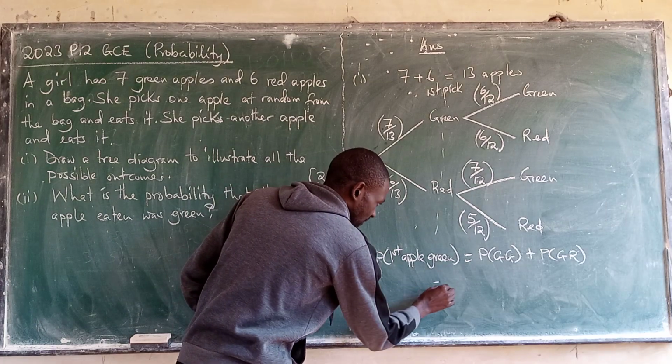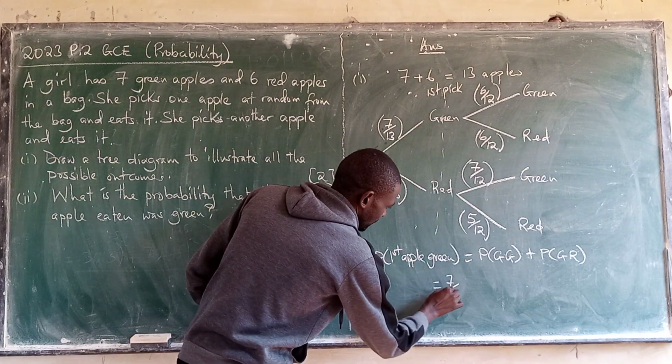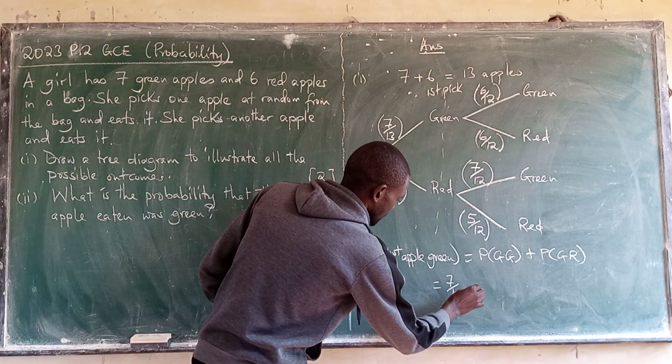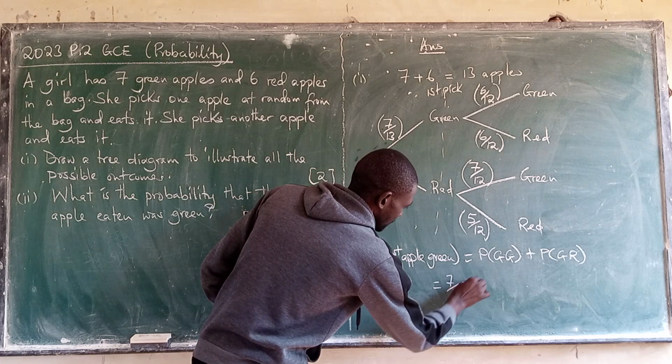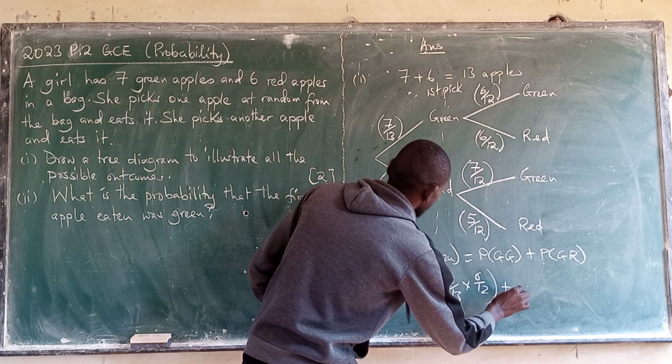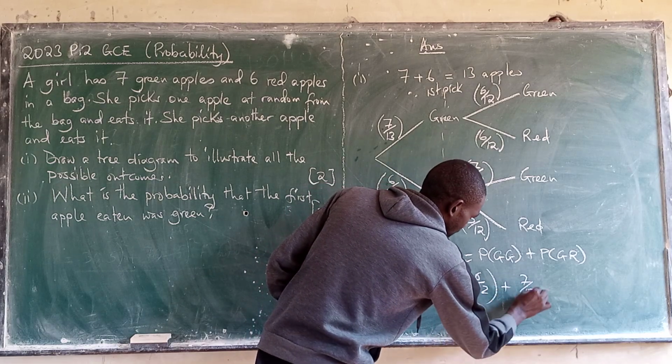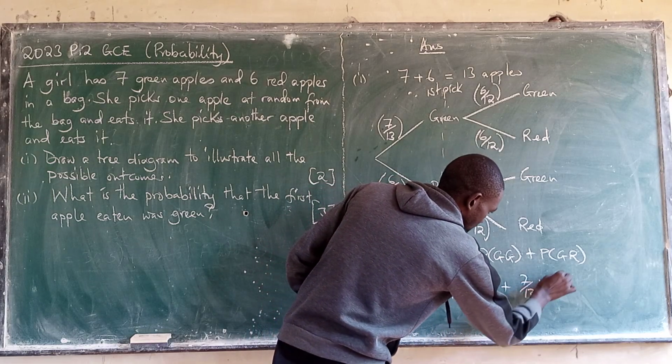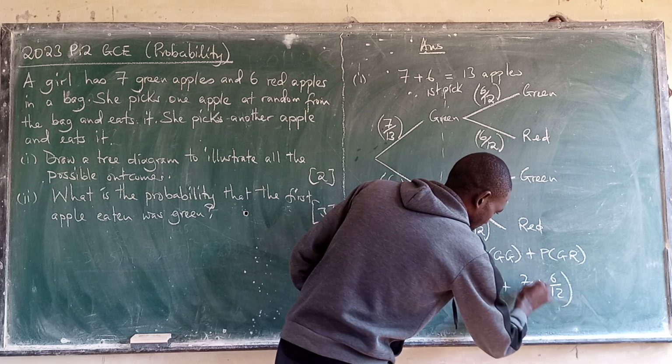And so this will give us 7/13 times 6/12 plus 7/13 times 6/12, like that.